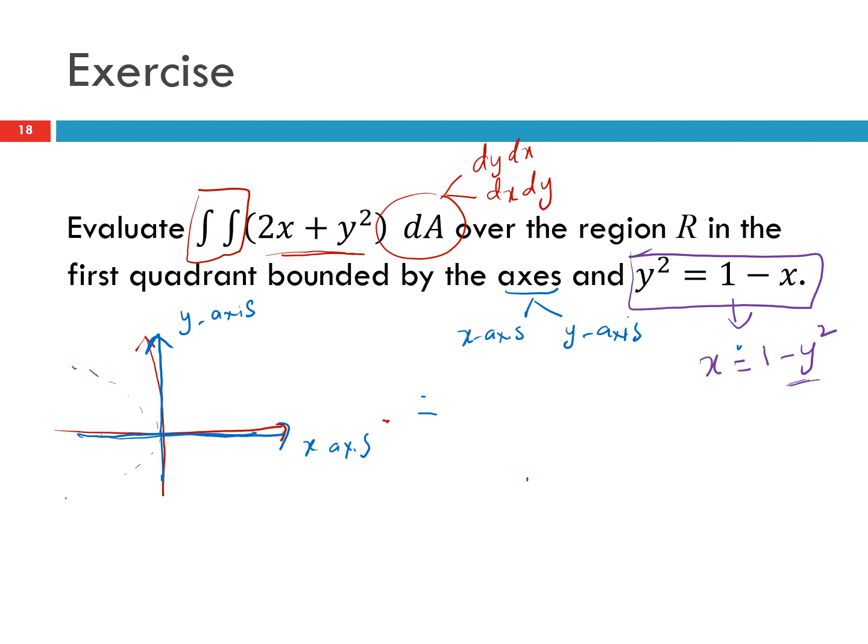And you have 1 here, so actually I think you will have it like this, where this one is 1. So the region bounded by the first quadrant and the curve here, actually this one is the region.